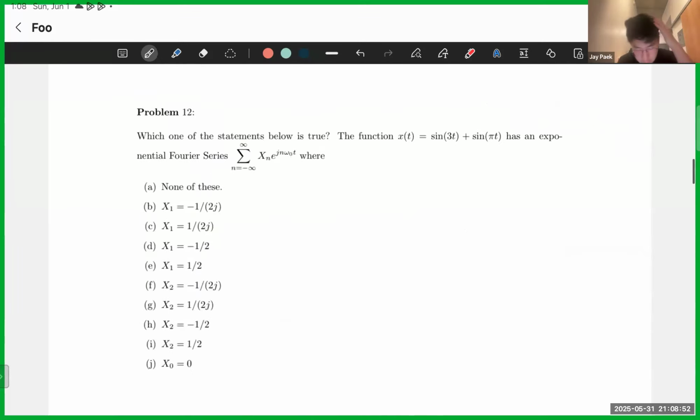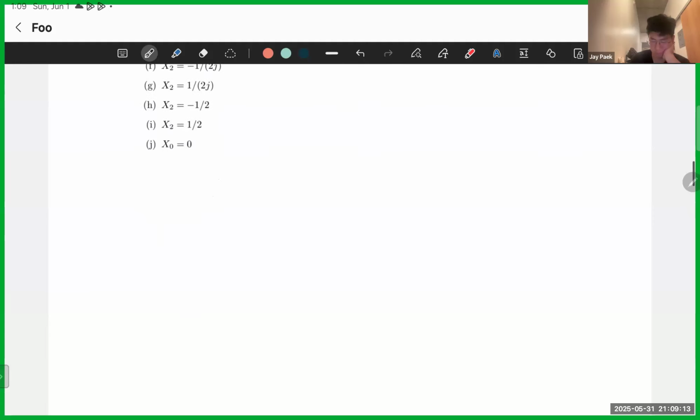Next question. Which of the statements below is true? The function x of t, which is the sum of sines, has an exponential Fourier series. That is true, but the issue is that x of t is not periodic, and so it's none of these. Why?